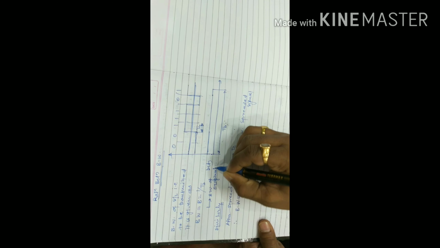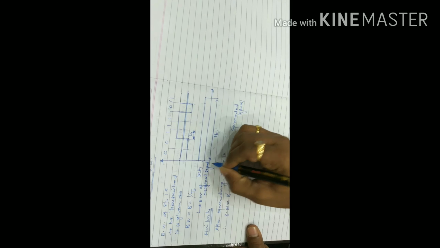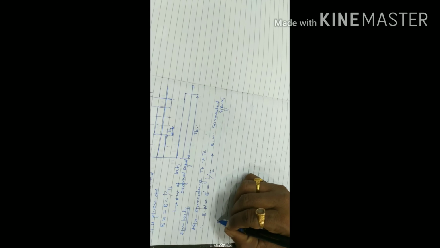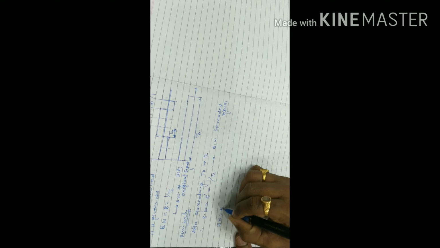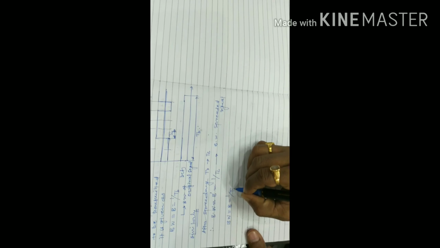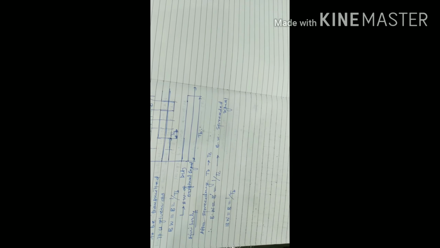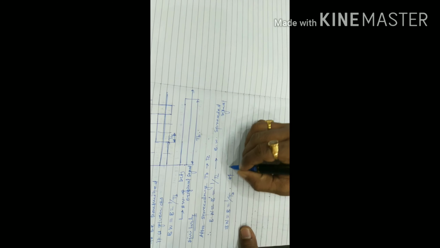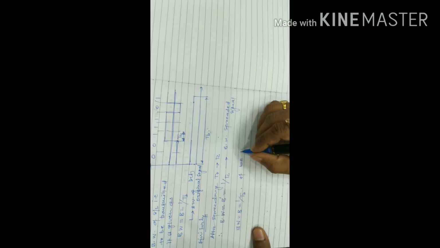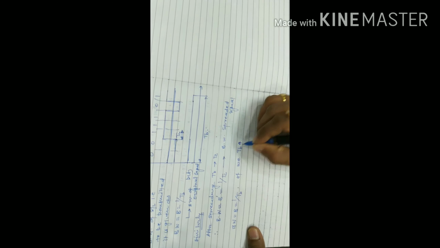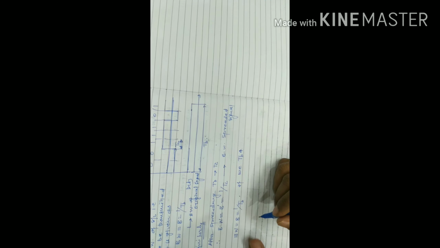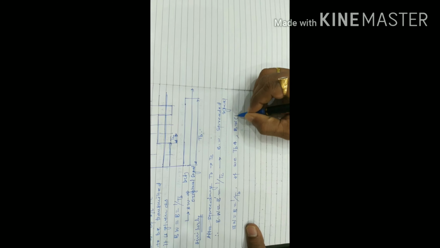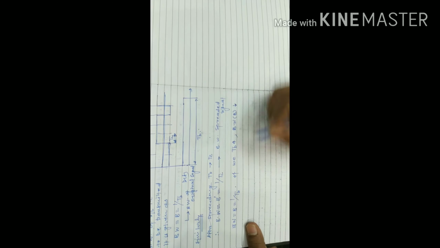So if you compare the bandwidth, if we talk about this bandwidth, that is B, which is given by 1 by TB, if we increase the value of TB, then bandwidth, that is B, will decrease.